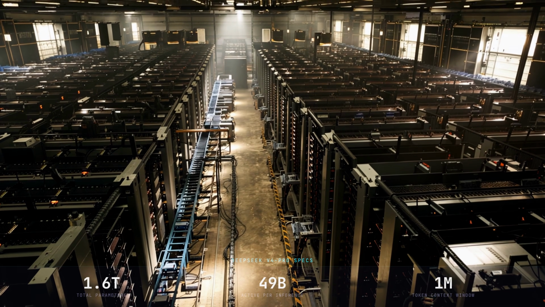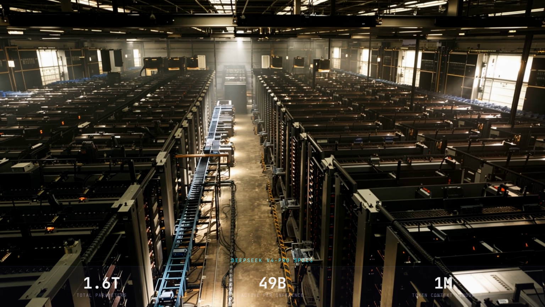The question in April 2025 was whether DeepSeek's V3 performance was a one-time anomaly or a repeatable pattern. V4 answers that question. V4 Pro is a massive mixture of experts model with 1.6 trillion total parameters. On any single inference pass, it activates 49 billion of those parameters.